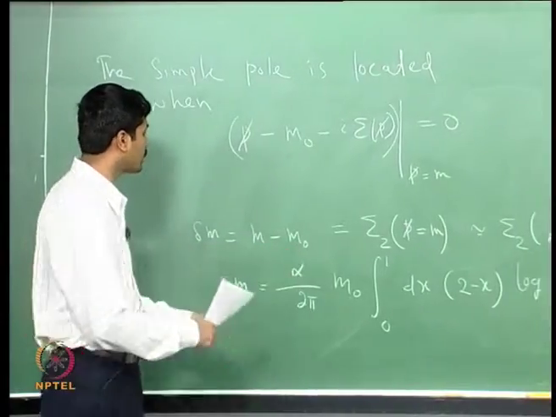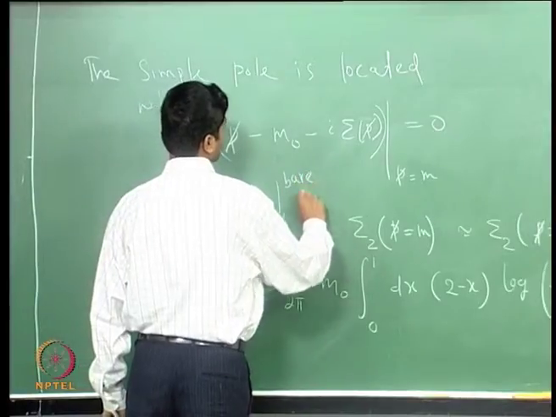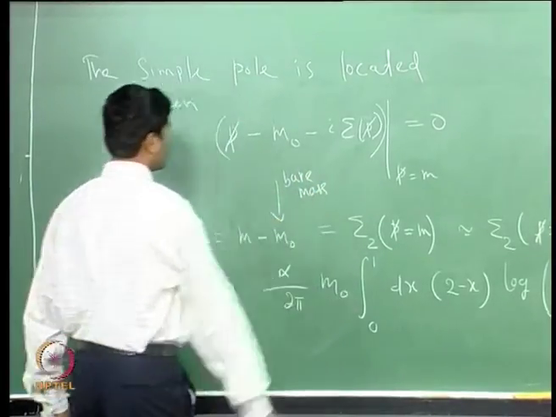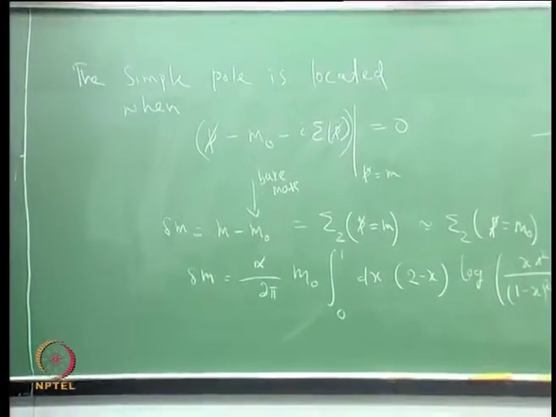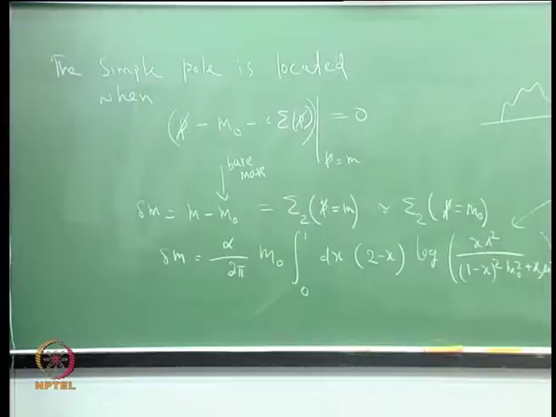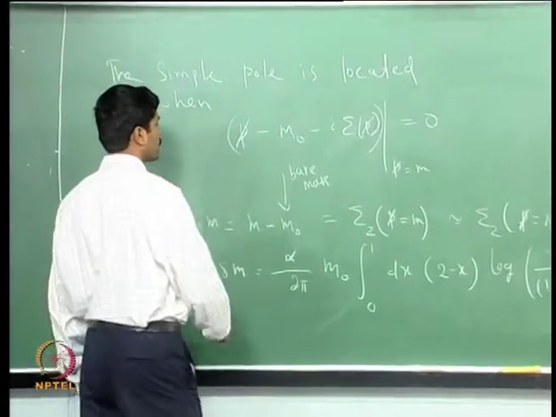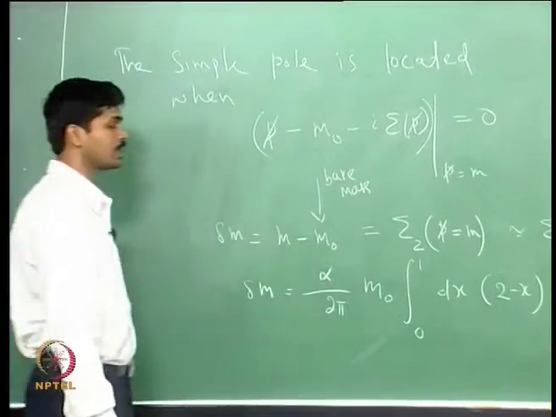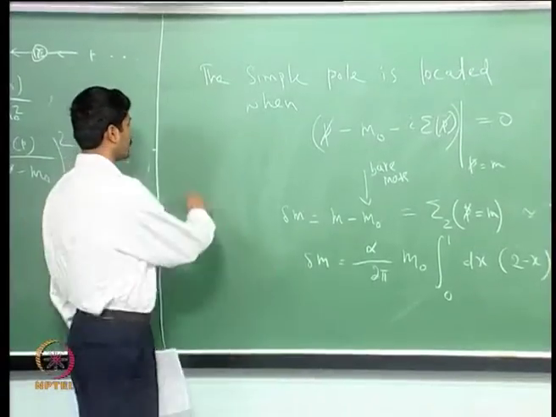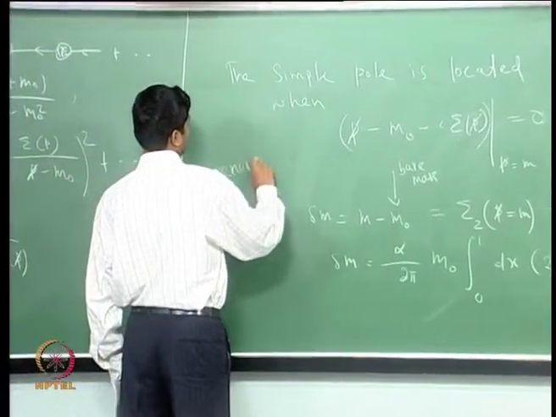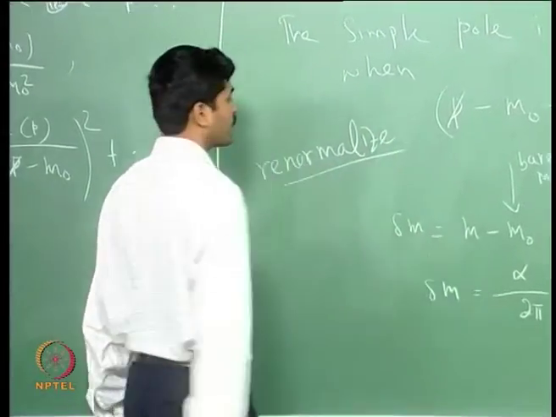So this m 0 is known as the bare mass, and this computation tells us that the bare mass is not a finite quantity, it is a divergent quantity. What is finite is the physical mass. The physical mass of the electron is not divergent, it's a finite quantity. So what you need to do is renormalize the mass of the electron.